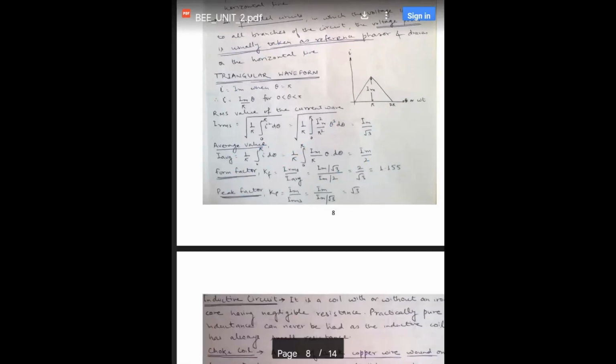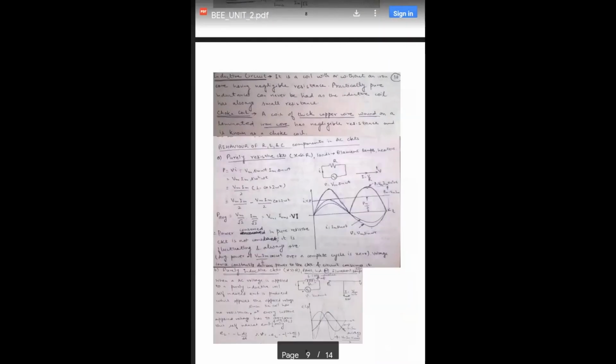Okay, let's move further. So what is the inductive circuit? It is a coil with or without the iron core and having negligible resistance. Practically, pure inductance can never be had, as the inductive coil always has some small resistance. Okay, so a pure inductive coil is not possible.